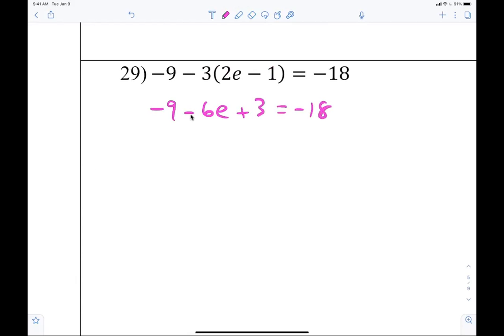And then it equals -6 minus 6e equals -18. And then you plus the 6, and it'd be -6e equals -12. And then that's just e equals 2. Yay, that's very nice. Thank you. Good for you.